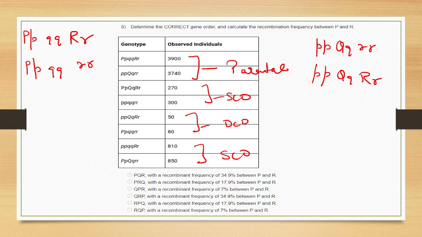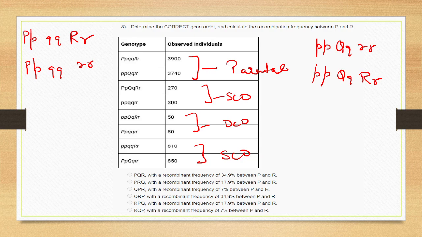Now why is it PRQ? Because these are the double crossovers, and this is the parental type. You see here, this is exactly the same. This is exactly the same. Here the crossover has happened. Again, this is exactly the same. This is exactly the same. Here the crossover has happened. So the gene which shows crossover, that gene is present in the middle. This is the concept that you have to remember.